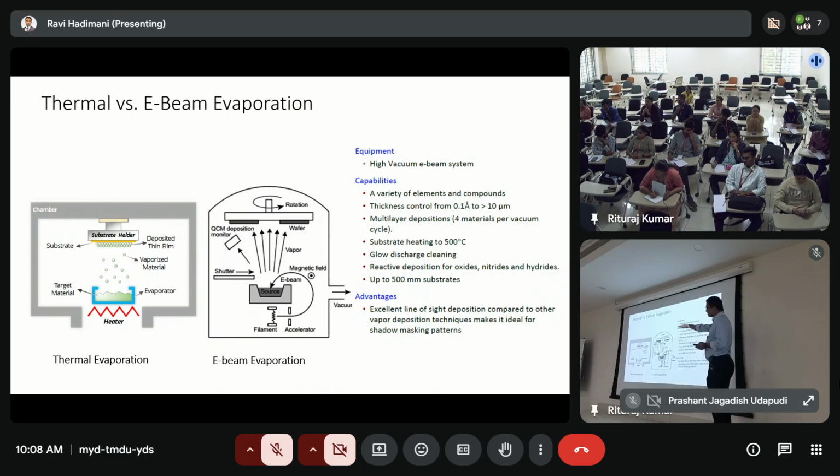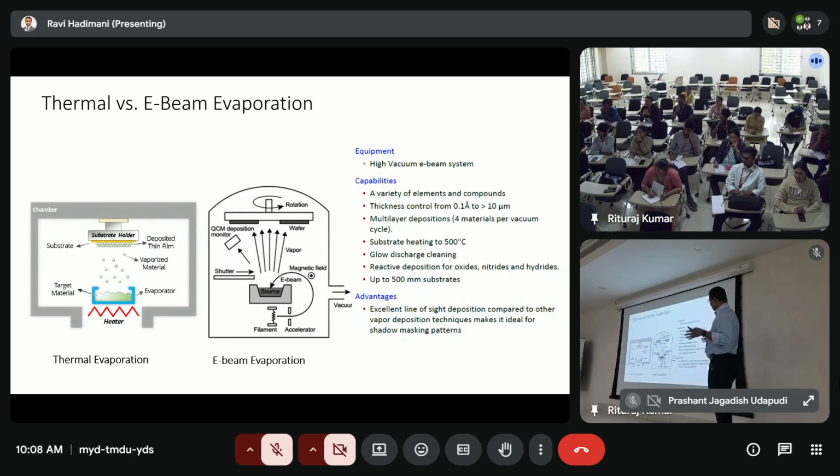And normally you heat the substrate to some high temperature so that the deposition is good, and you can use up to a 500 millimeter substrate, meaning half a meter.